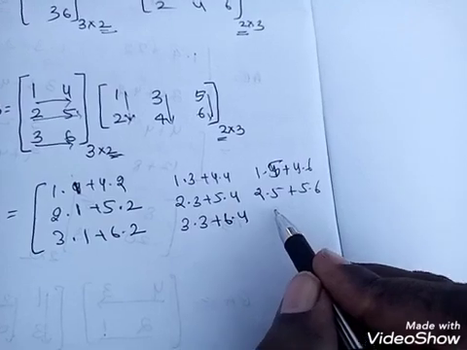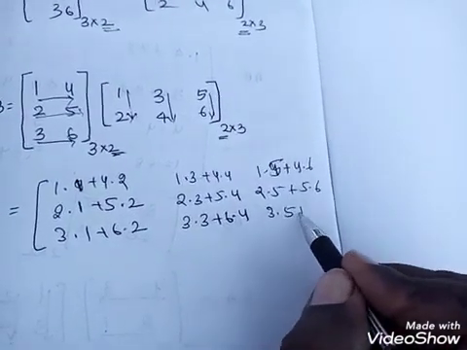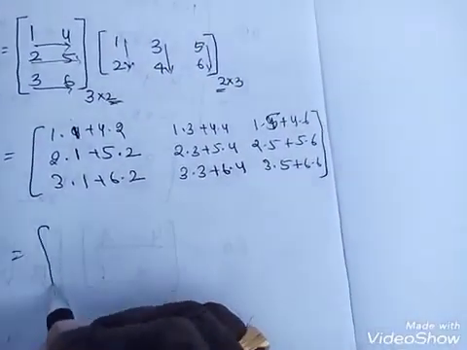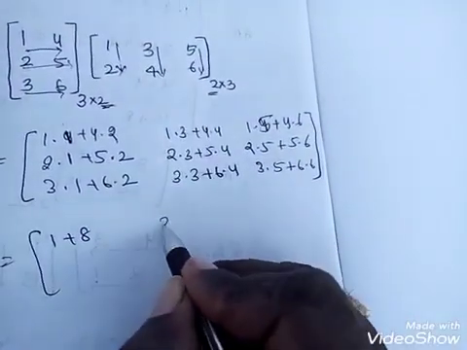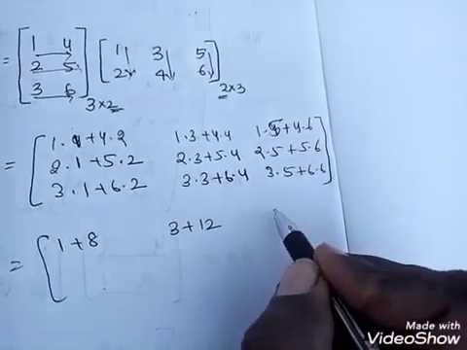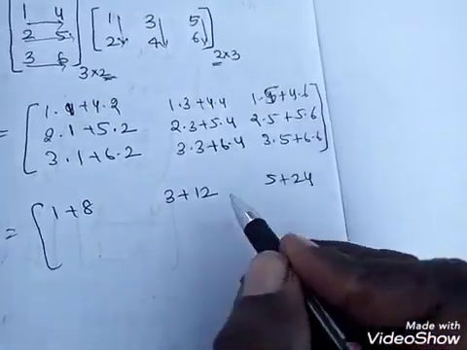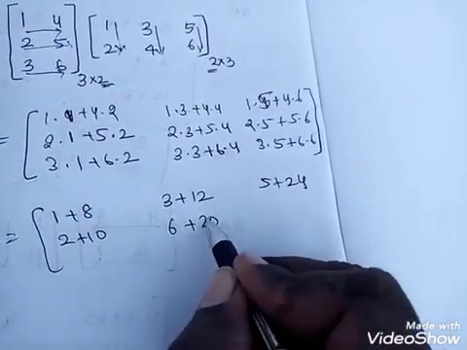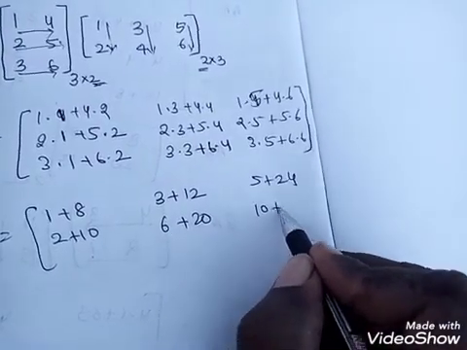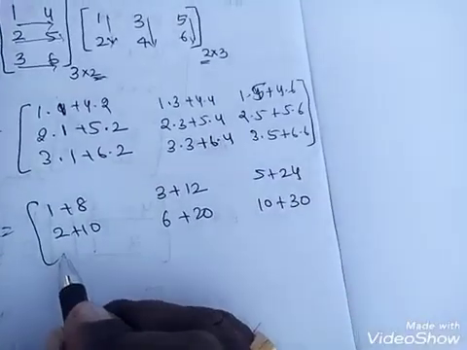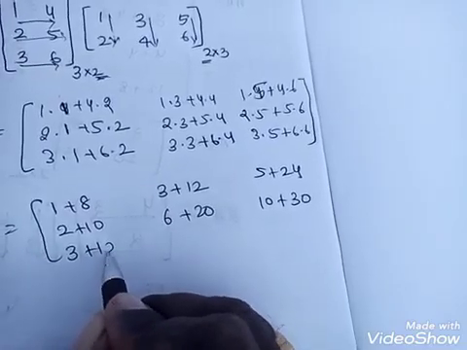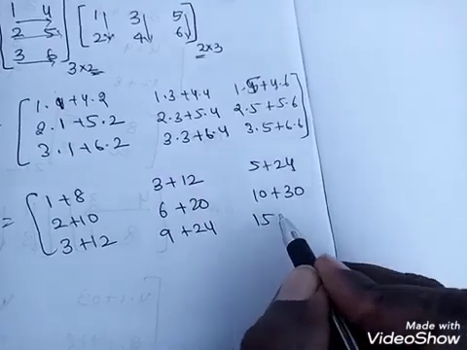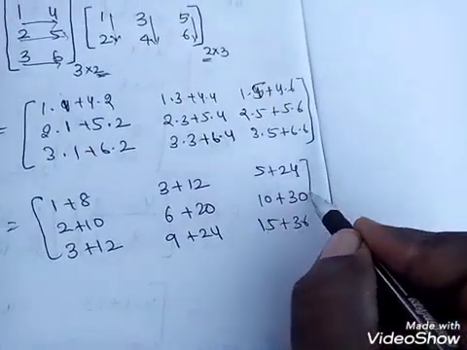Next, third row, third column: 3·5 plus 6·6. Now we should multiply these all and add these. Now 1 plus 8, 3 plus 12, next 5 plus 24, next 2 plus 10, 6 plus 20 and 10 plus 30, next 3 plus 12, next 9 plus 24, 15 plus 36.